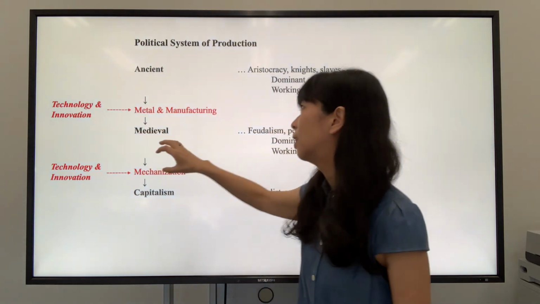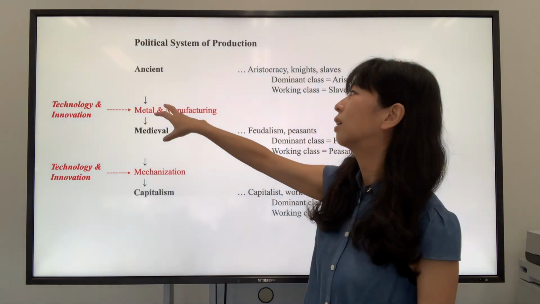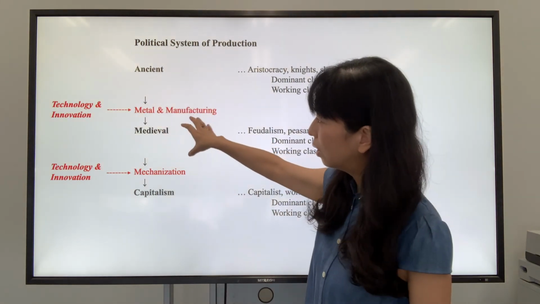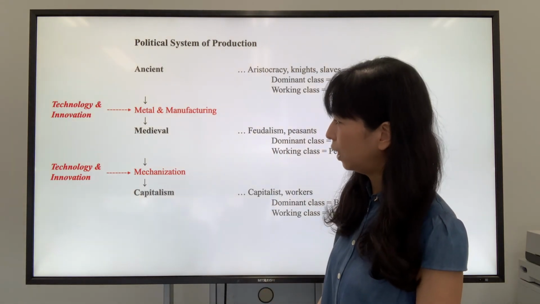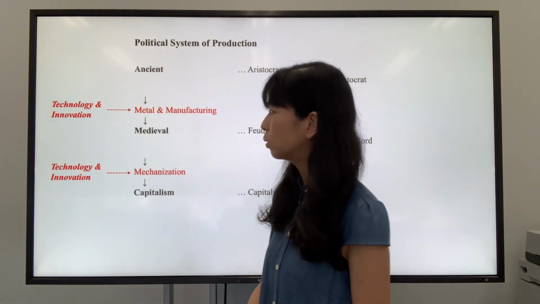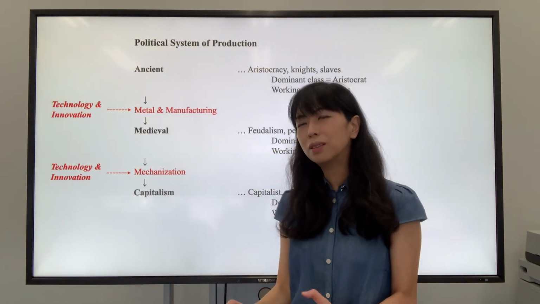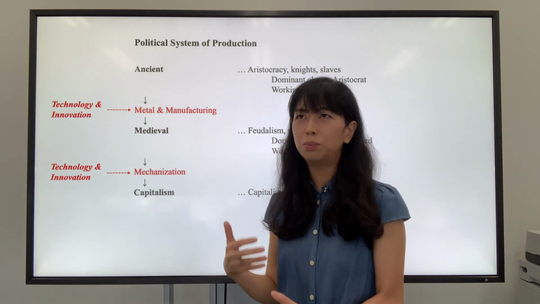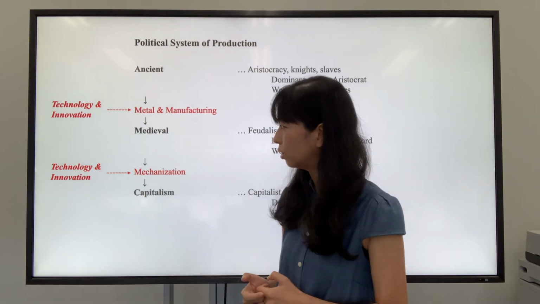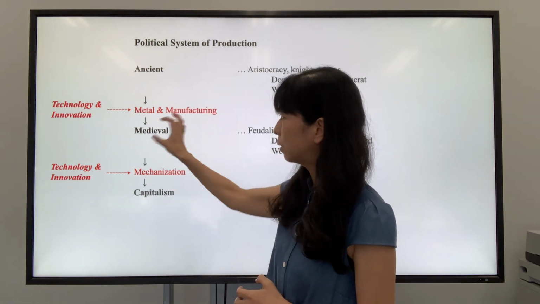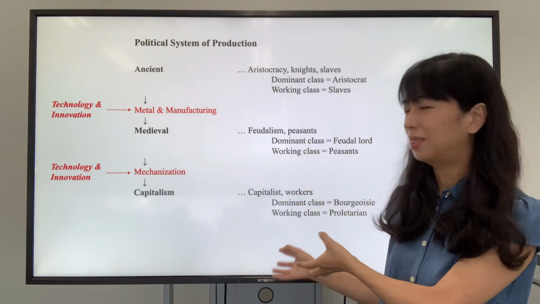In one period, metal and manufacturing was one of these technological innovations that happened. And in between medieval and capitalism of today, mechanization was one of these innovations. So the investment in the machinery also improves the technology and gives innovation. Therefore, as time passes by, you have a different capitalism character behind the scenes.